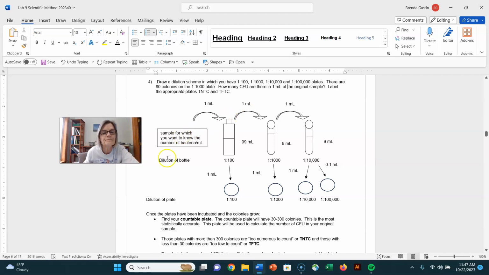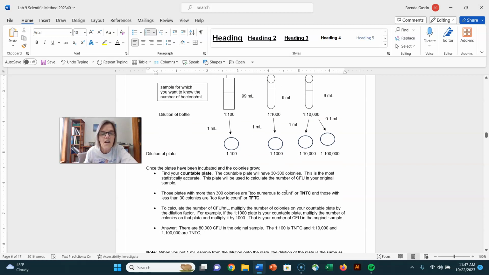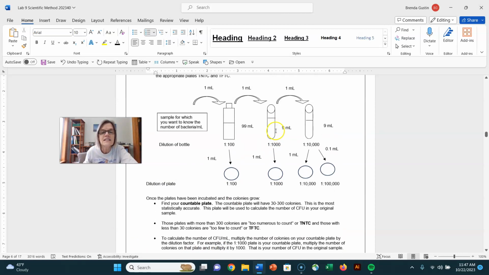So here's our original sample, and we want to know how much is in here. If there's 80 colonies on here, we do 80 times what we call our dilution factor. So that's going to be 80 times 1,000. And so what is that? 80 plus 3 more zeros, because there's 3 zeros in 1,000. So that's 80,000 CFUs in a milliliter of this original sample.